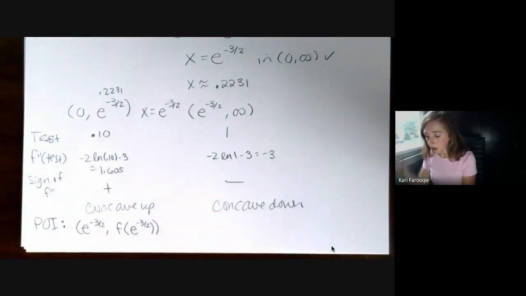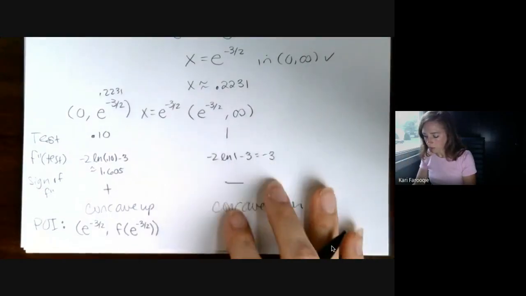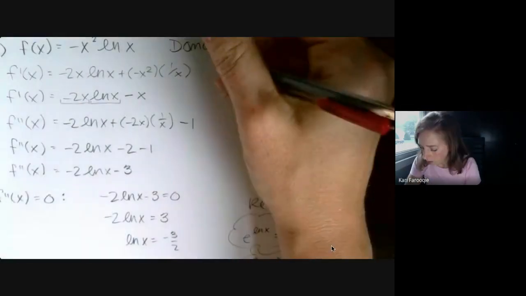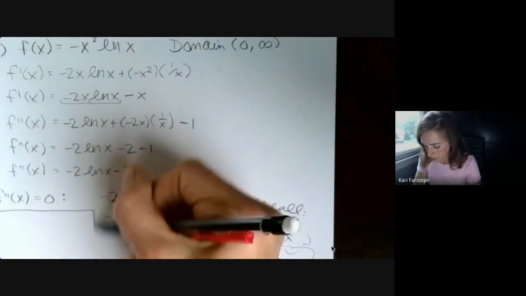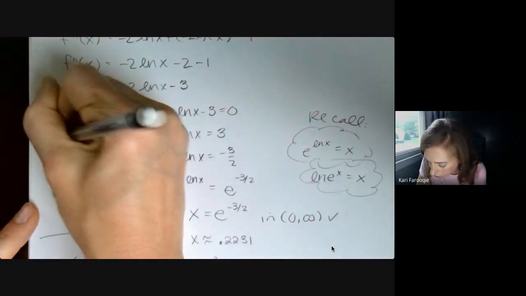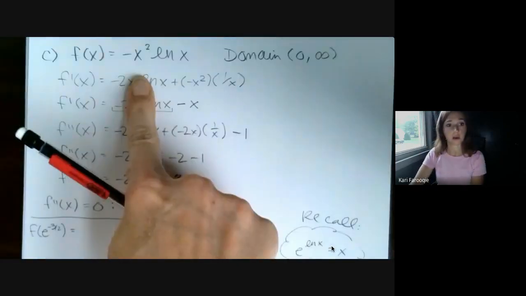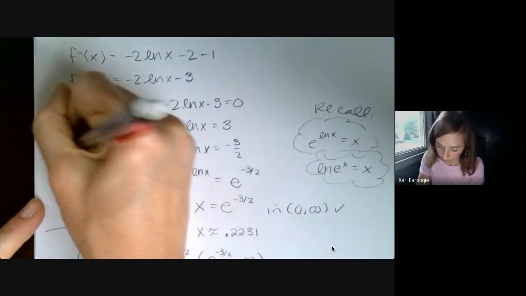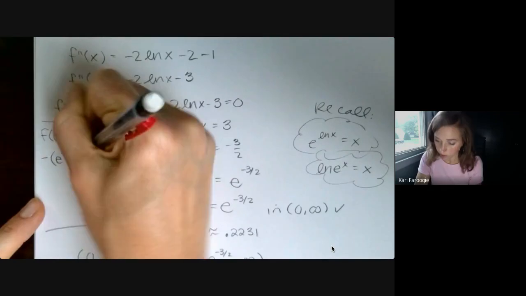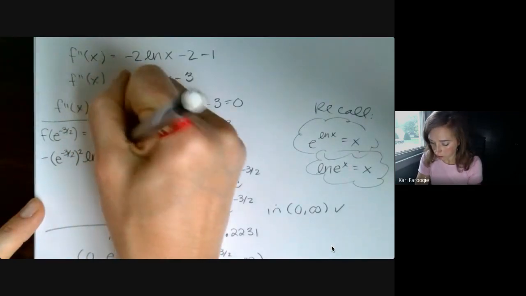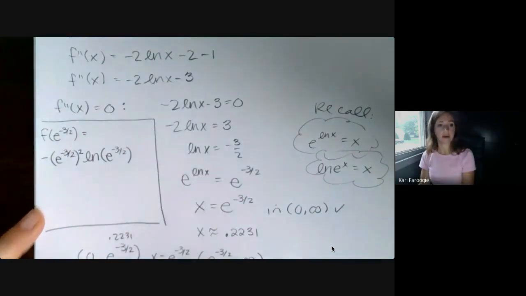So go ahead and find f of e to the -3/2. I'm going to put mine off to the side over here. f of e to the -3/2 is equal to, going back to my original function here, negative x squared times the natural log of x.